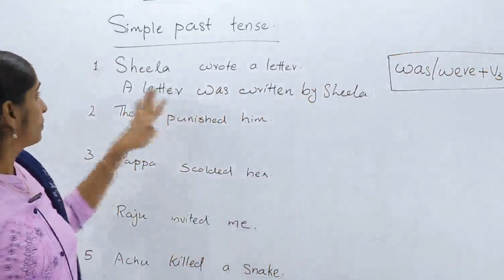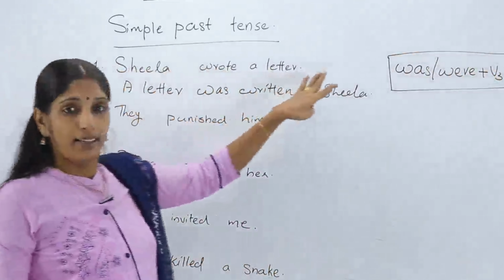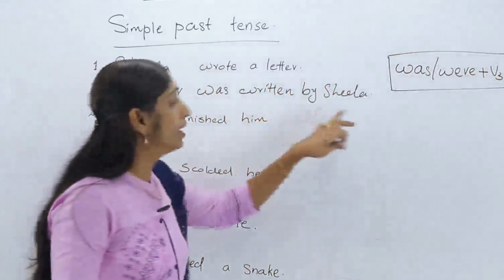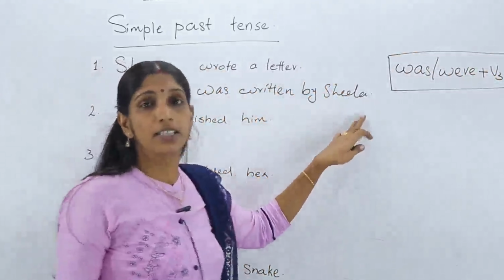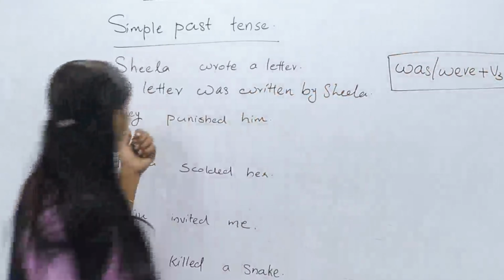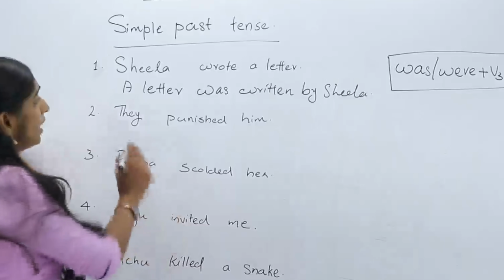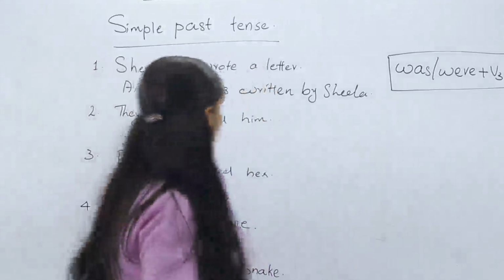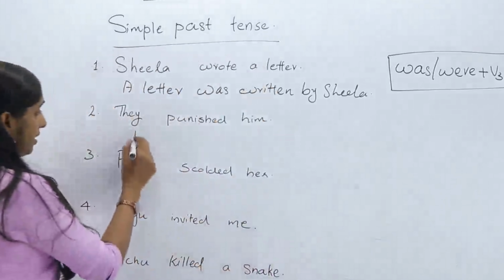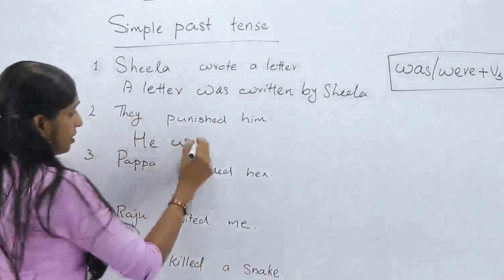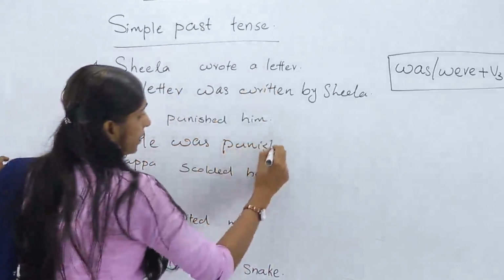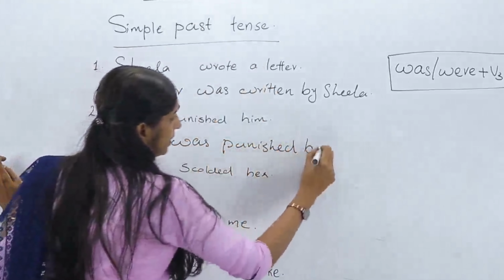Is it clear? Sheila wrote a letter. How do we change? A letter was written by Sheila. And look at this second sentence. They punished him. How do we write? He was punished by them.